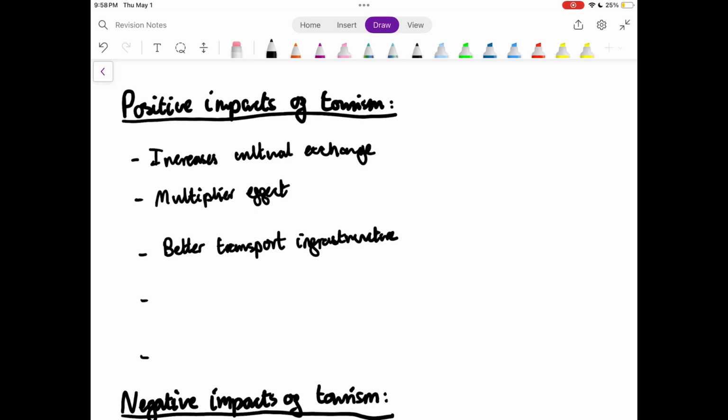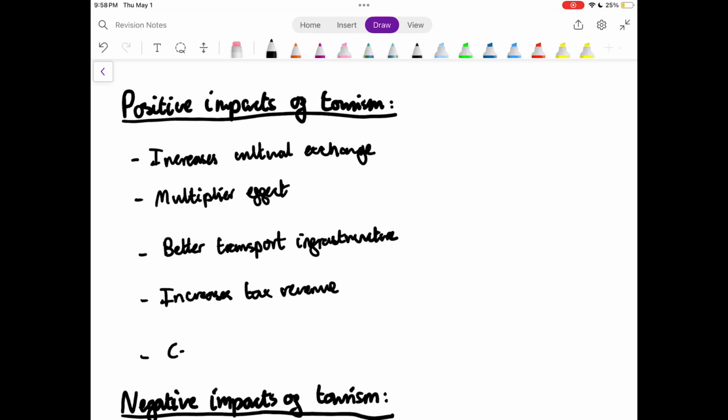Next is increased tax revenue, and this is because when there's a larger volume of tourists coming into a country, governments may take advantage of this and tax these tourists so that they can gain revenue.